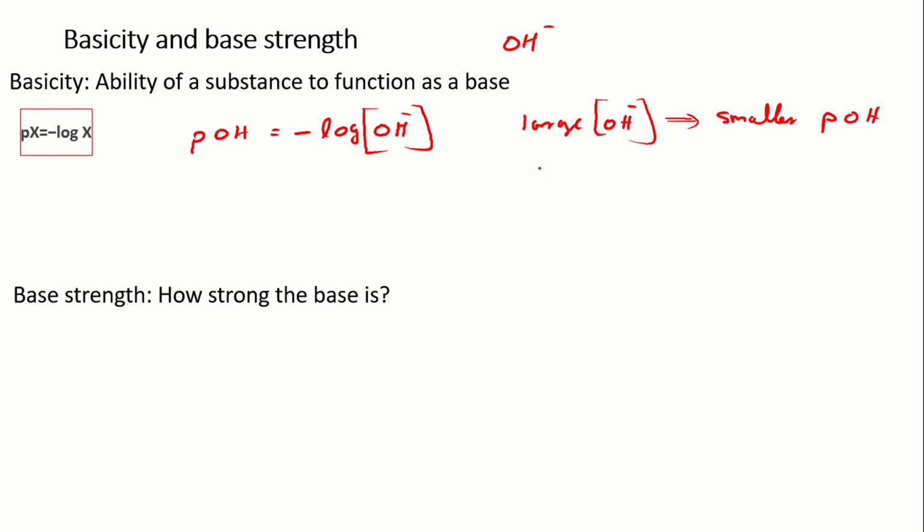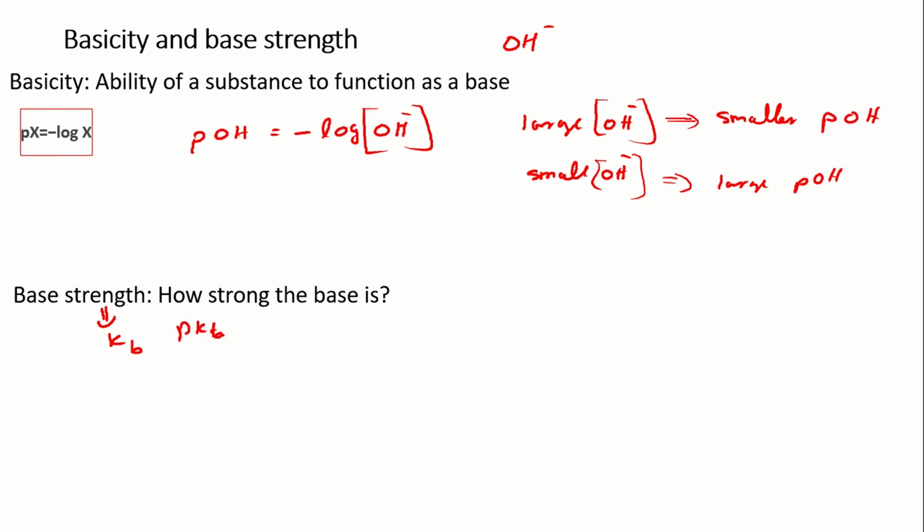And if you are going to have small OH concentration, that will lead to a large pOH. The base strength, again, the Kb or pKb.